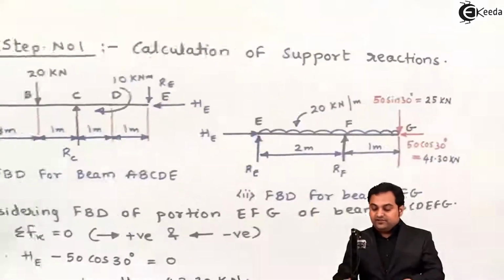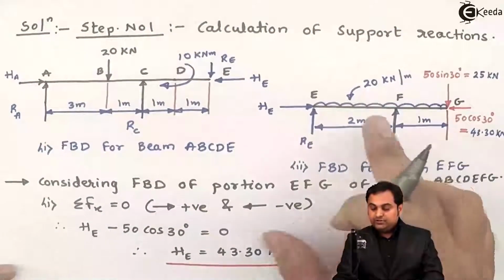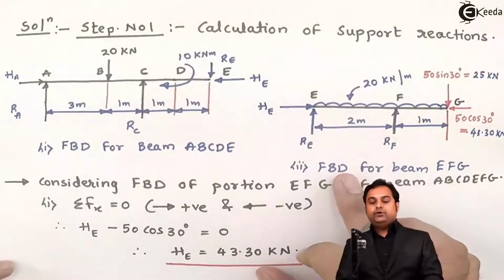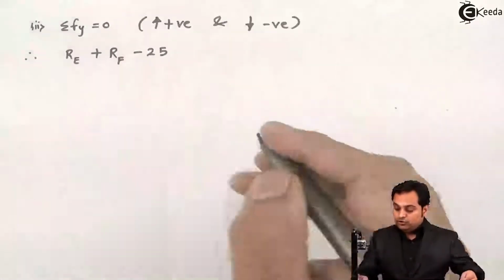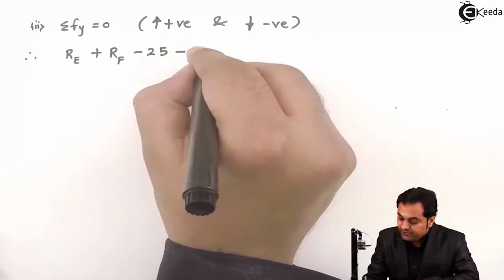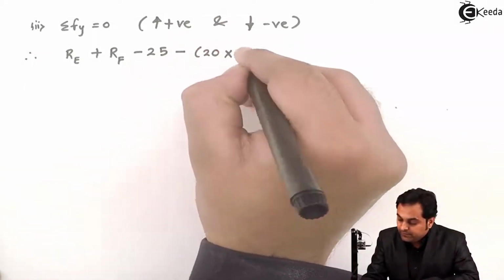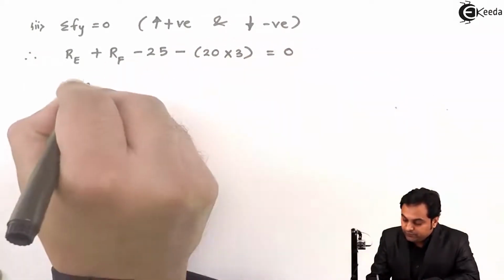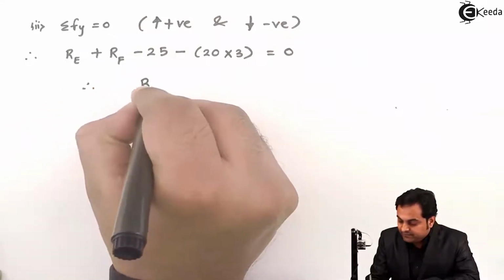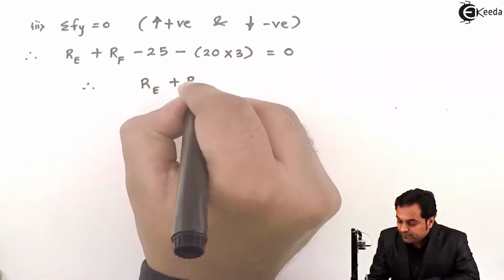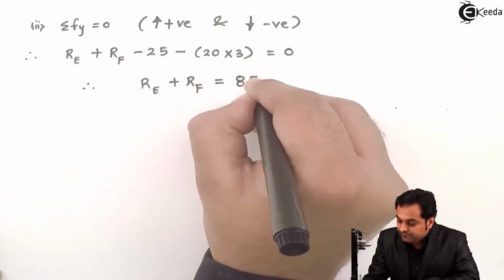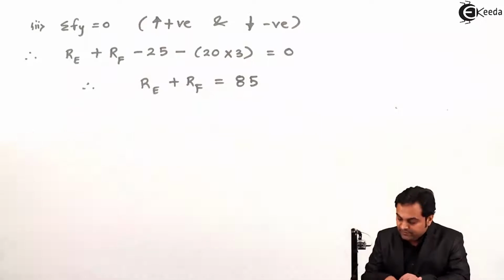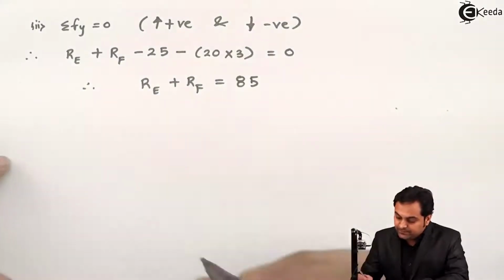Next, there is also a UDL from E to G. This UDL will be converted into a point load, 20 into 3 meter, which acts down. So minus 20 into 3 is equal to 0. From here I'll get RE plus RF is equal to 85, and that will be equation number 1 for us.